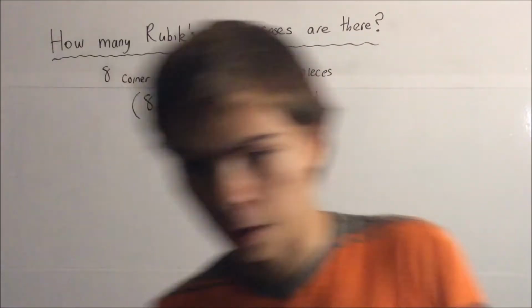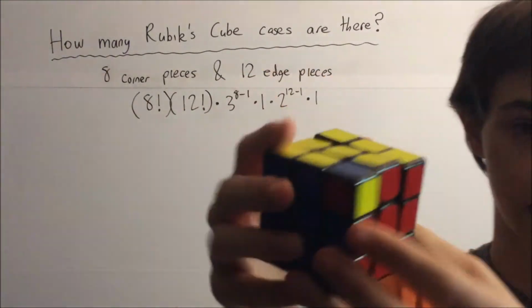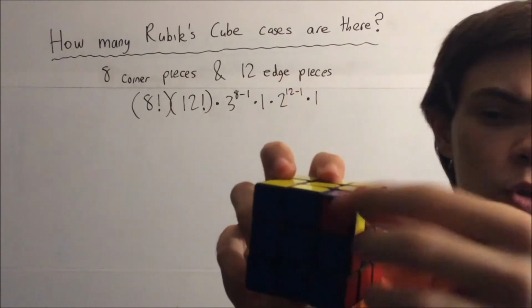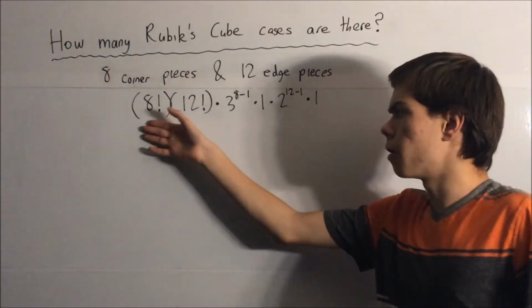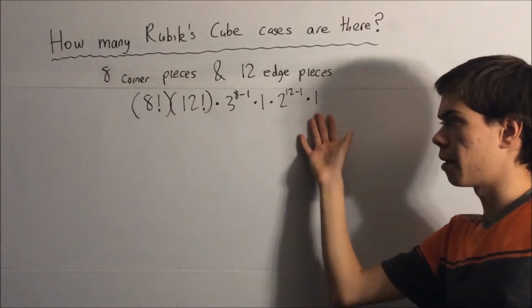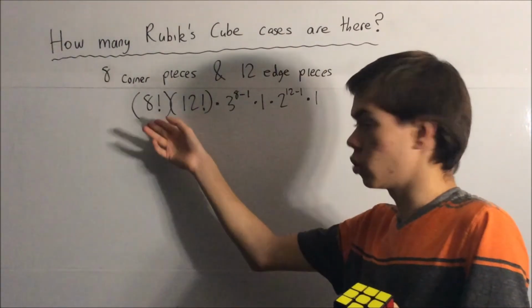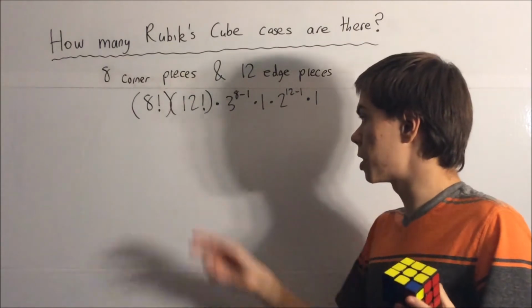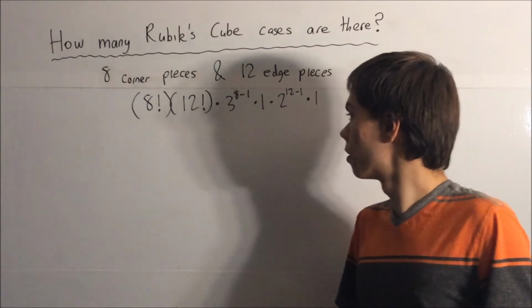So, first of all, let's just say we have this case again. And this case right here, where exactly one of the corner pieces is twisted, is a part of one of the things that we've written up here. Because we know that in this case, each of the corner pieces have specific positions. Each of the edge pieces have specific positions.